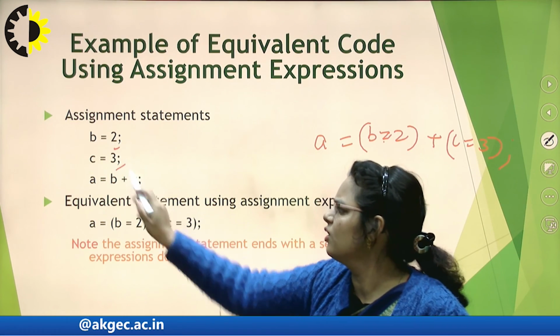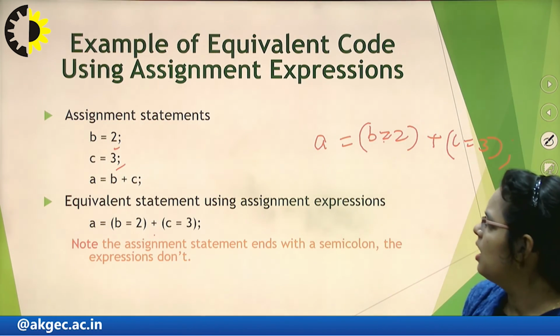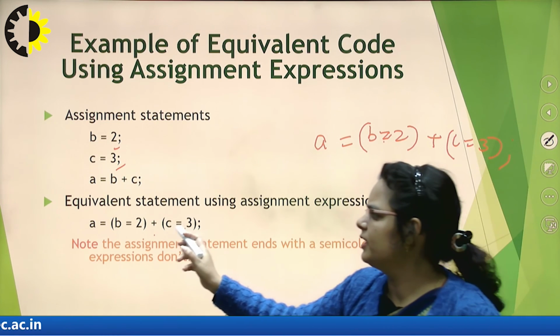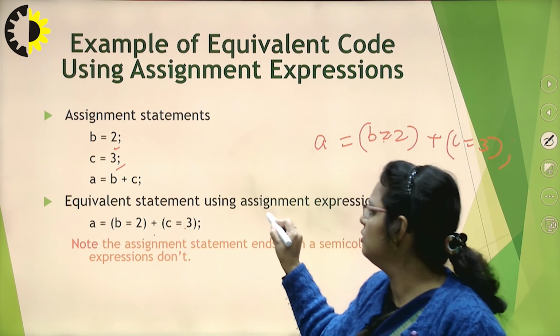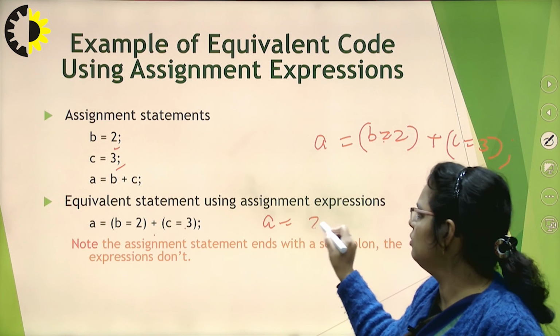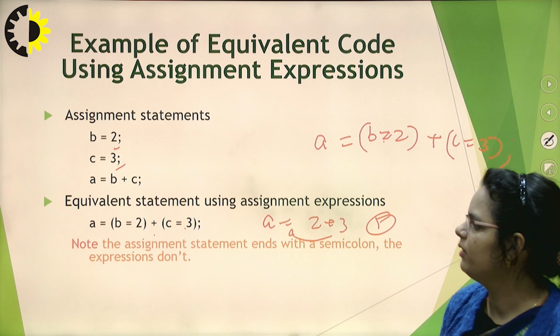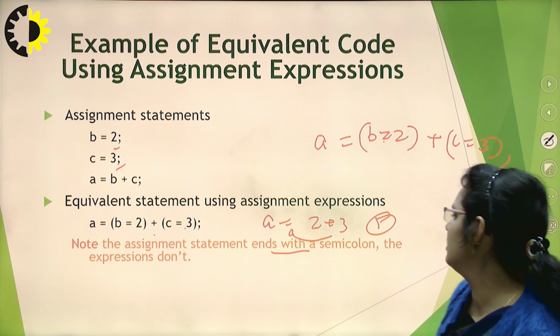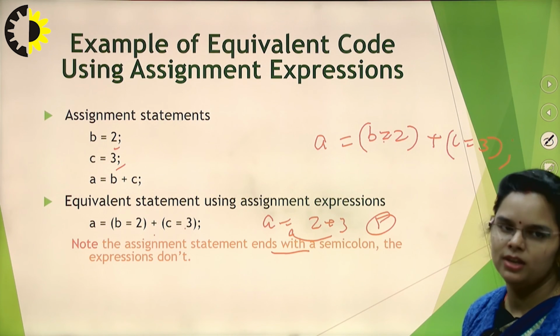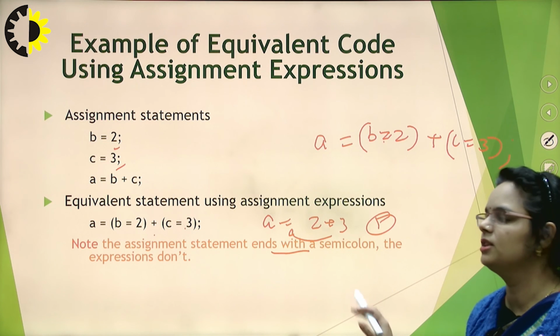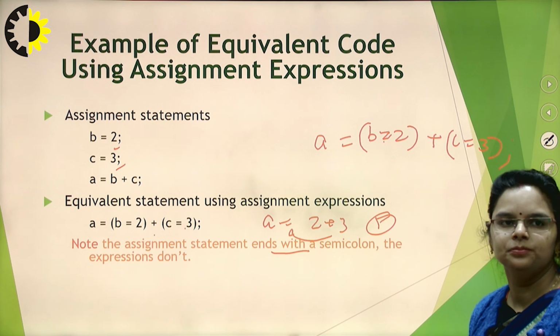They individually cannot have semicolons. This is simple, and we can use them directly. So a equals b equals 2 plus 3, a equals 5. The current value of a would be 5. Note that an assignment statement ends with a semicolon, and expressions do not end with a semicolon if we are using the expressions inside the statements.